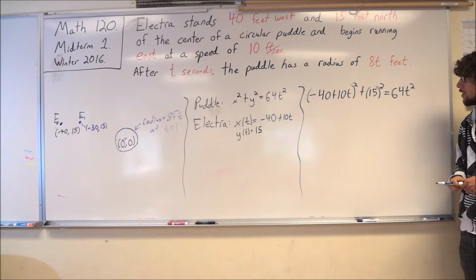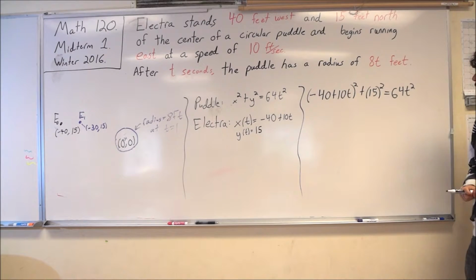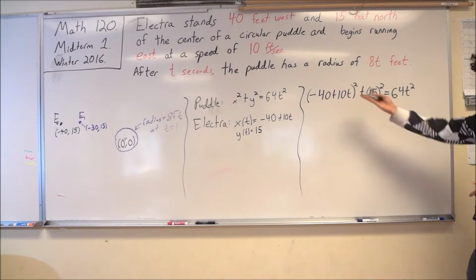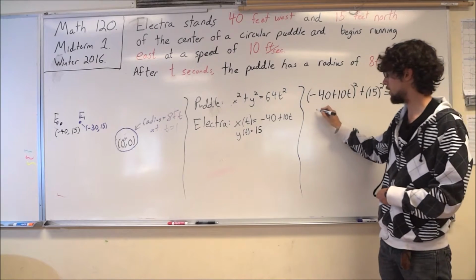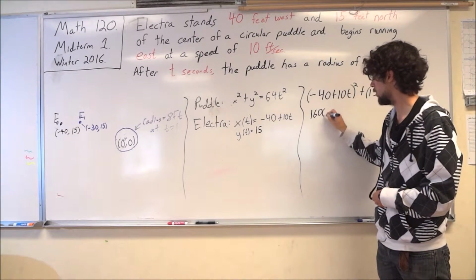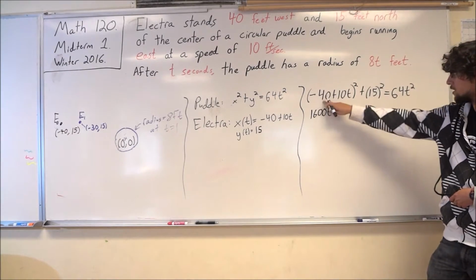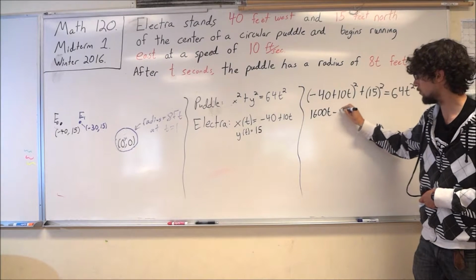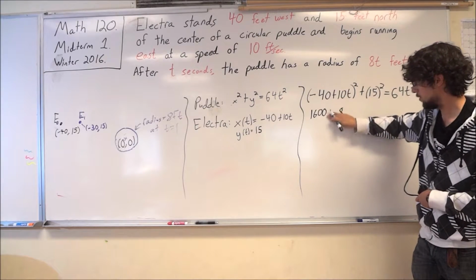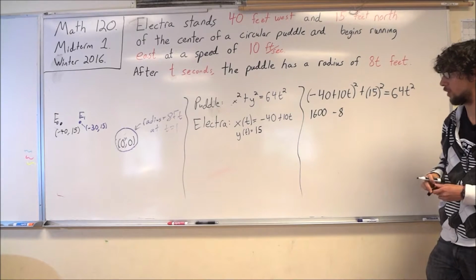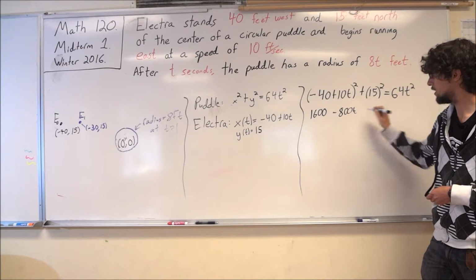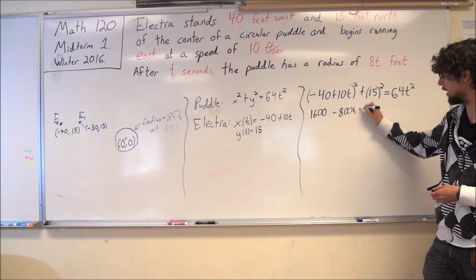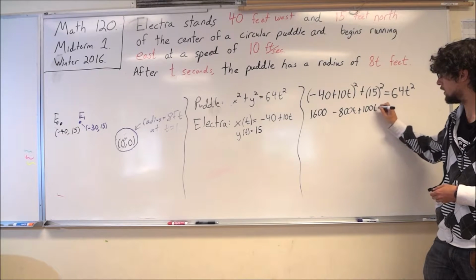So from here, it's actually quite straightforward to compute what values of t will have this hold. Squaring this, I find 1600, that 1600 was from the 40 squared. There shouldn't be a t on that. Here I get -800t, and I get plus 100t squared.